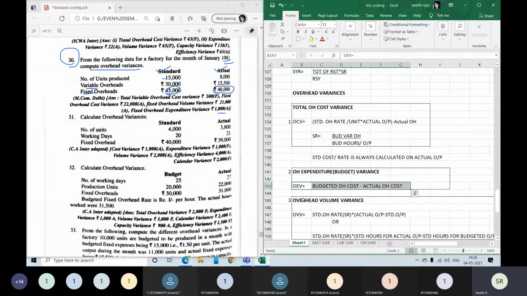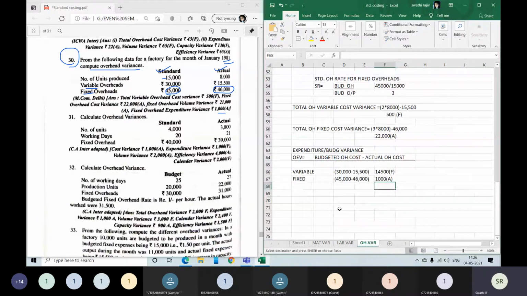All right. Now again, what will we do? The basic formula will be the same, but we will just calculate it for fixed separately and variable separately. That's all that we will do. Output is given to us, so we can use this formula.